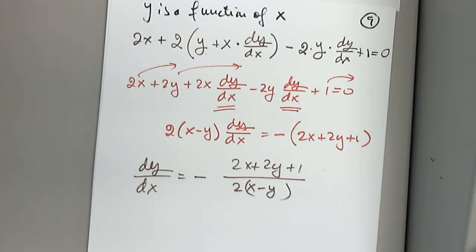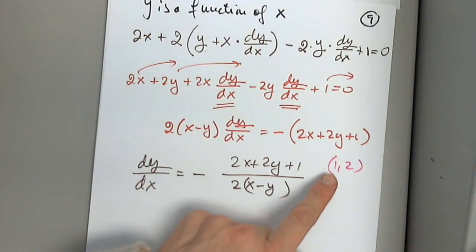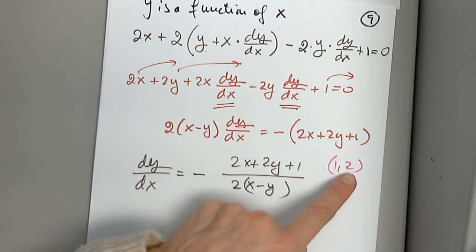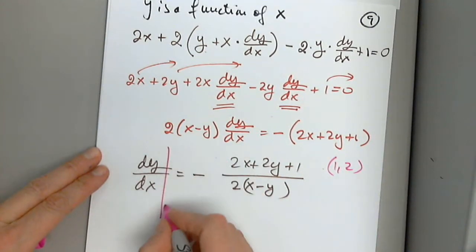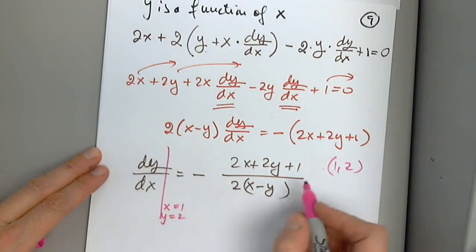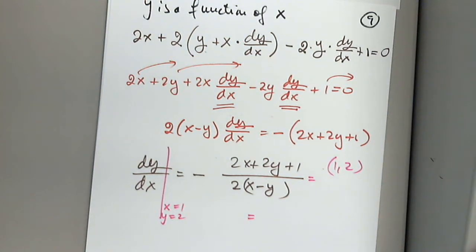Remember the point was 1, 2, which means when x is 1, y is 2, because I need this number. It will be the slope of the tangent line that I'm going to create in a minute. So I plug in 1 and 2, and get the number.